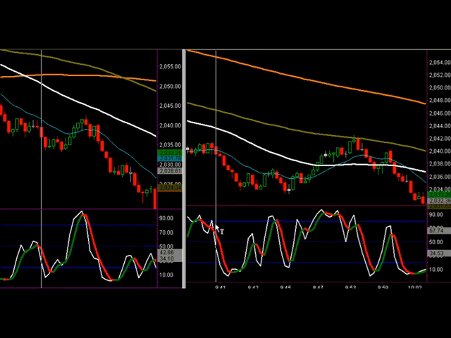So we enter one tick below the low of the bar that created the hook, then we look for confirmation on the next time frame. If that's in line, we go short.